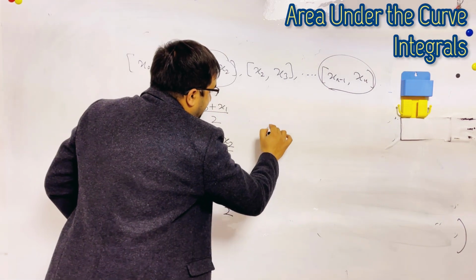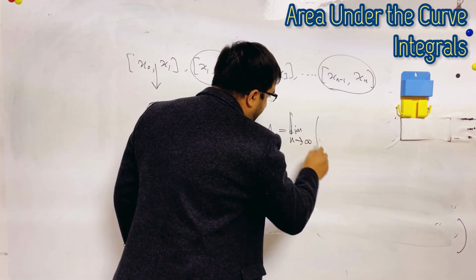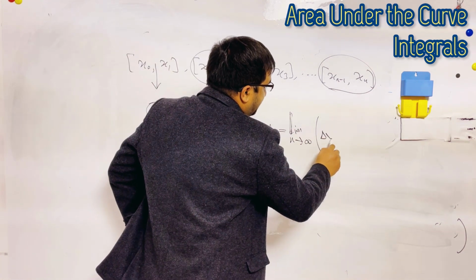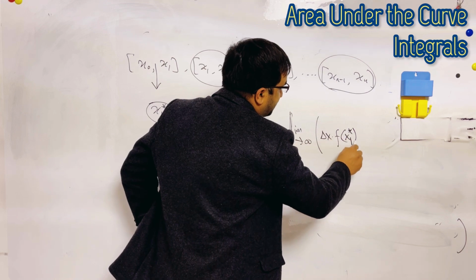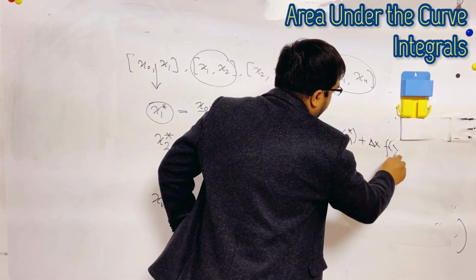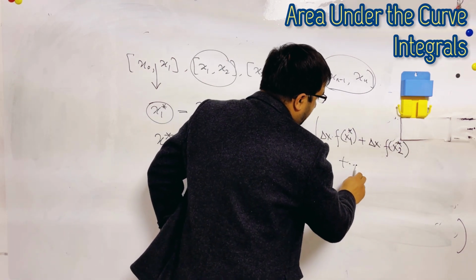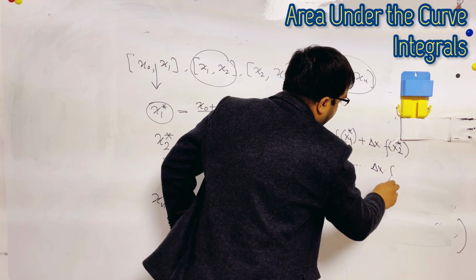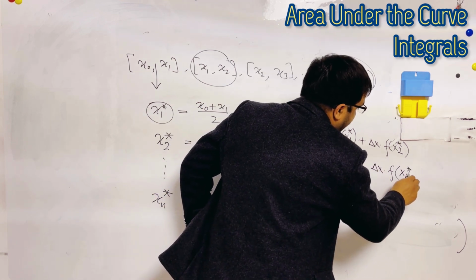In that case, the area is the limit as n approaches infinity of delta x into the value of the function at the midpoint x1 star, plus delta x into the value of the function at the midpoint of the second interval, plus and so on, delta x into the value of the function at the midpoint of the nth interval.